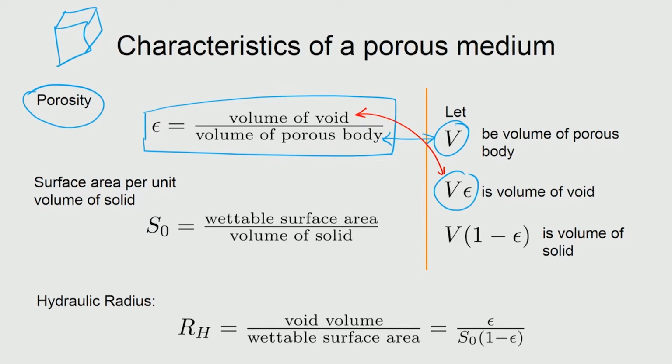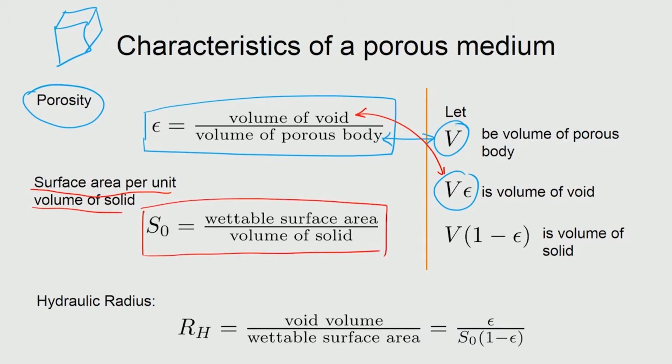So it is possible to have the same porosity but different particle diameter internally, that would give you more surface area. So you need one more characteristic feature, that is the surface area per unit volume of the solid, S naught. This is another characteristic of the porous body that can be measured experimentally, and so we define one more quantity here.